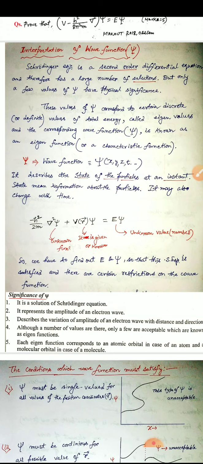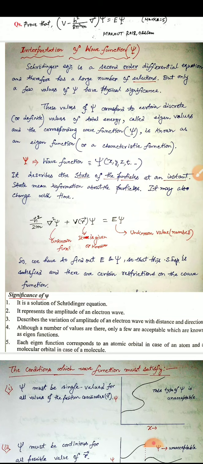So we have to find out this E and psi, because if I know the E, then we can say about the energy of the particle, and if I solve the psi, then we can say lots of things about the wave function.